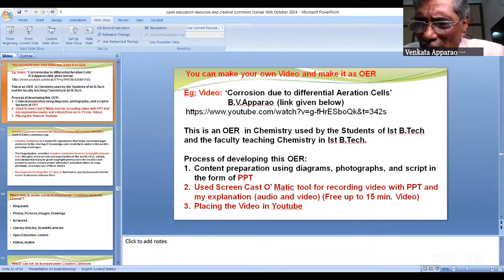You have discovered new knowledge through your research. You may be publishing in journals based on the copyright. How many institutions can purchase those journals? On the other hand, some of the essence you can publish in the form of OER.